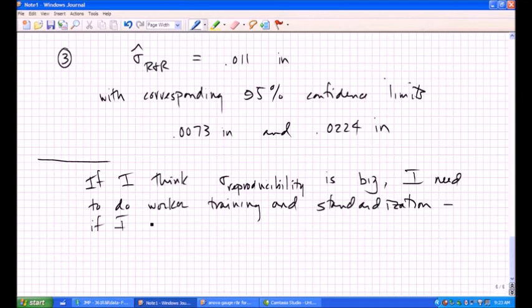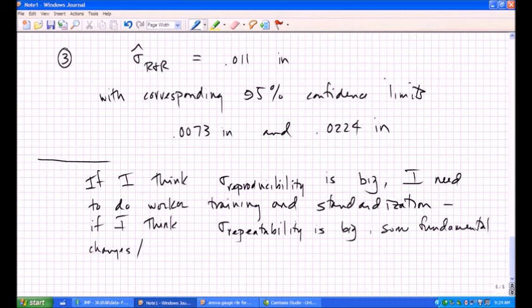If I think that sigma repeatability is big, then some fundamental changes or improvements in equipment or protocol are needed.